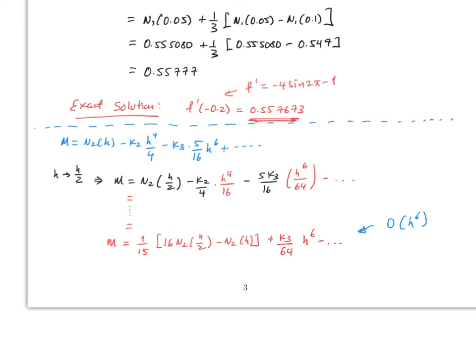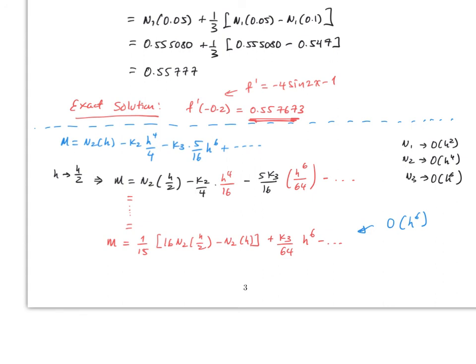So technically you can say that for this particular one, N1 was O of h squared, N2 will be O of h to the 4, N3 will be O of h to the 6, and so forth. Okay, and that's it. And this is what we call Richardson extrapolation.